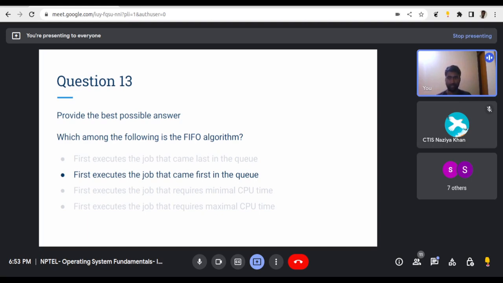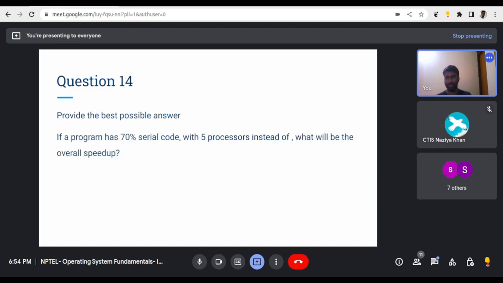Think of the ready queue as a queue. The first process that came into the queue is the first process that gets scheduled. That is what happens in the FIFO algorithm. Very simple.